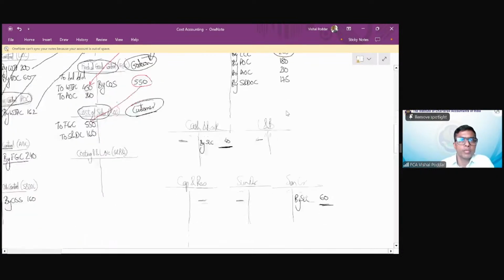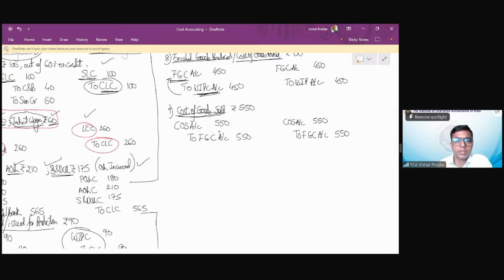Now, interestingly, students, after this, the only entry which is left is the entry for sales. So let us say the sales given in the sum is rupees 1000, and it says out of this 50% is on credit. Now, pay attention, students.